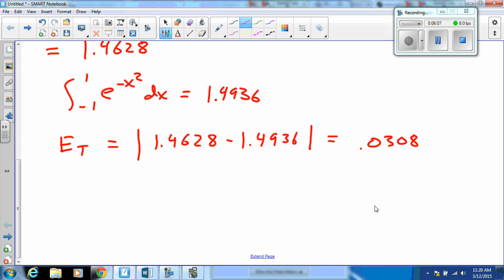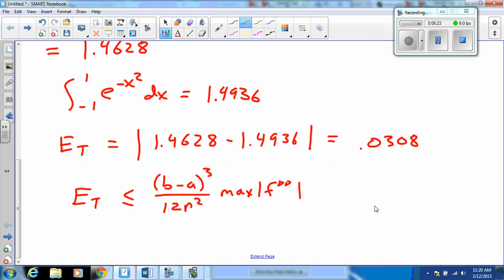Now in the fourth part, I asked you to compute the error bound and verify that the trapezoidal approximation did in fact satisfy the error bound.